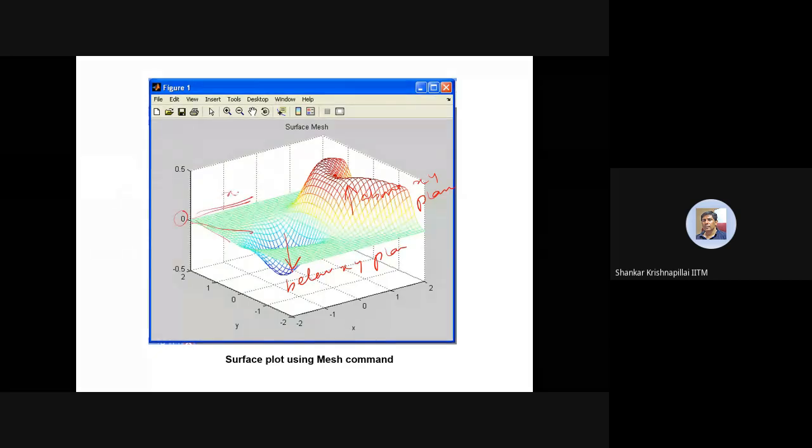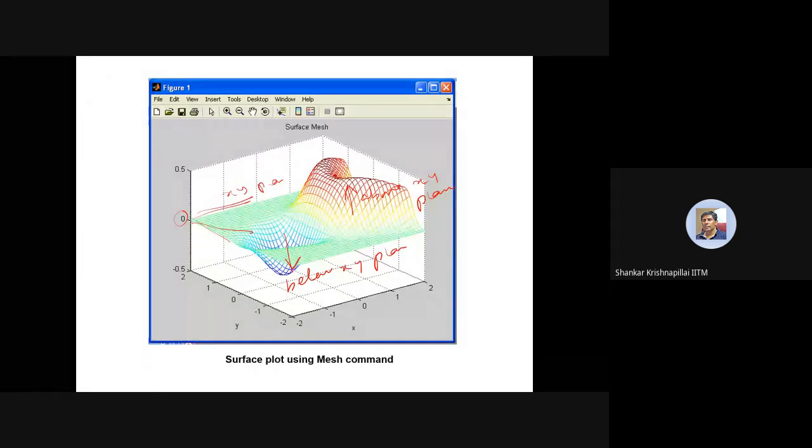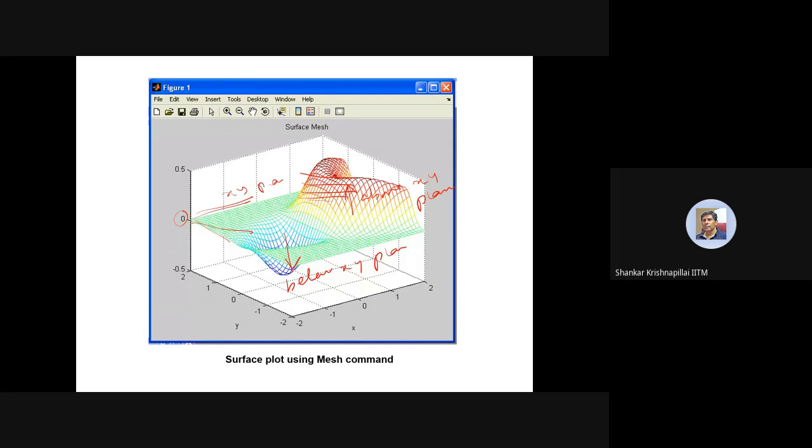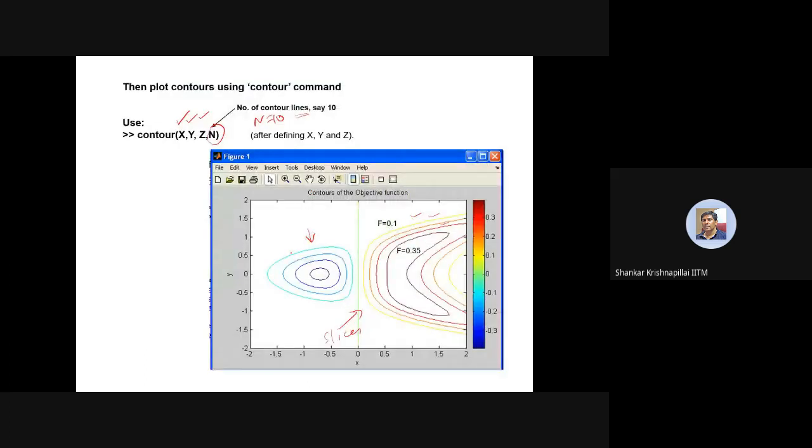All these slices above the xy plane will come in red, and below the xy plane will come in blue. That is what you see here. Looking at it, you can see that f is equal to 0.1 here, and 0.35 here.